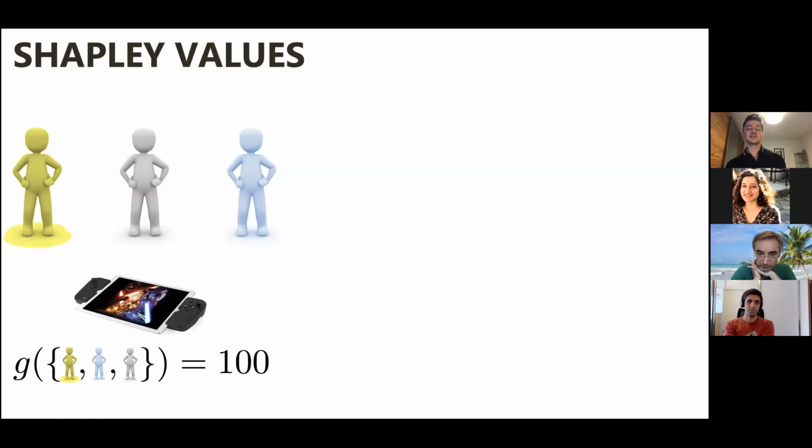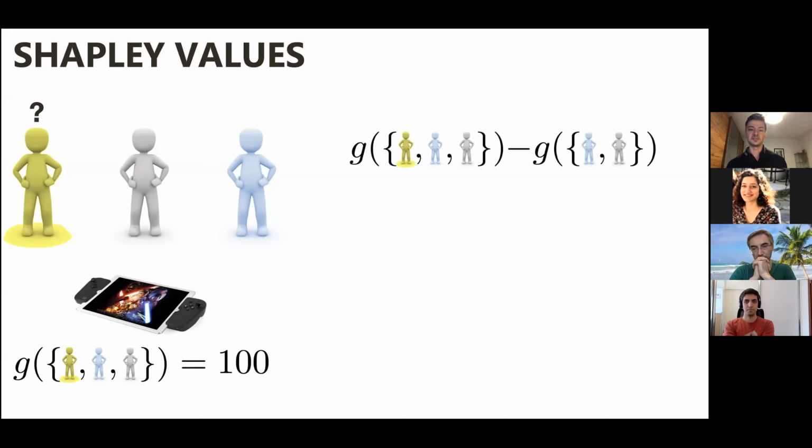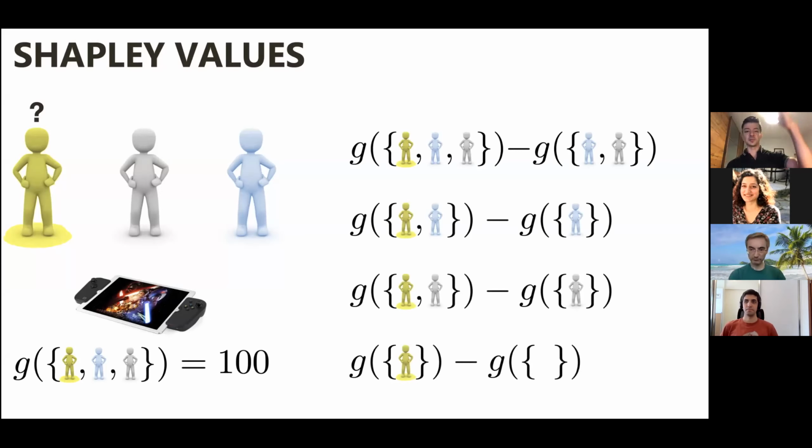The idea is you want to quantify how much you contributed to this $100. And it's conceptually a pretty simple measure. You say, I'm adding and removing myself to each and every subset of these people. So for example, for a subset of 2 people, you add yourself, remove yourself, and take the difference. And you do it for each and every subset, and you sum up all these differences. So this is the whole idea.